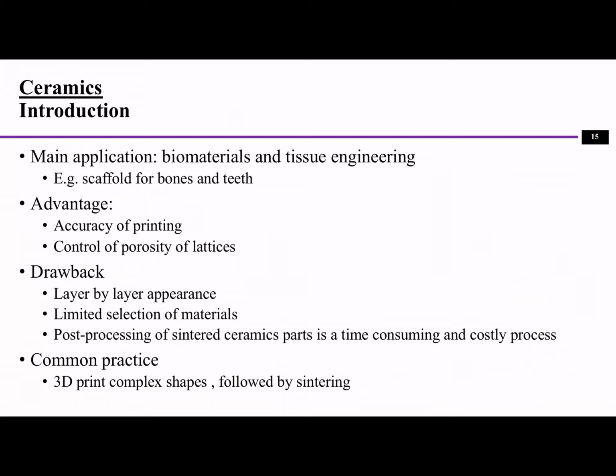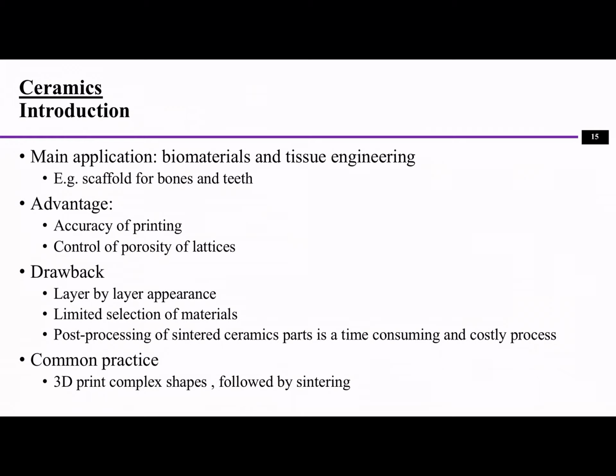Another material in 3D printing is ceramics. Processing of ceramics is usually difficult because melting and also sintering in ceramics usually requires really high energy. But ceramic materials have a lot of advantages. One is that it has wide applications in the biomedical area, for example, biomaterials and tissue engineering, right, bones and tissues.